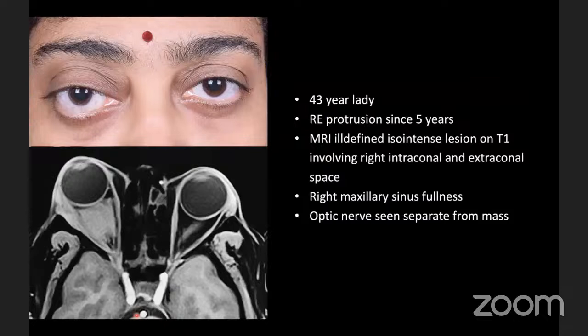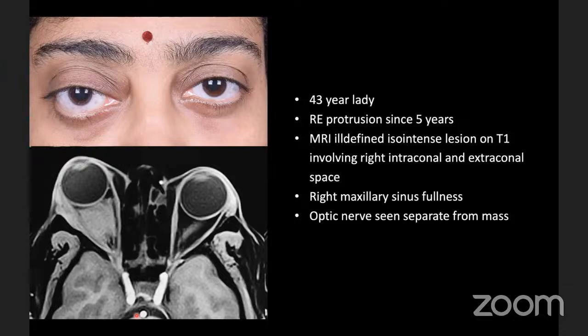Now coming to specific, just briefly an overview, because specific would involve a lot of conditions which would point to the pathology. So let us look at this 43-year-old lady who presented with right eye protrusion, and this was a long history of 5 years, and MRI was ordered, which shows an ill-defined isointense lesion, and that is mostly involving the right intraconal as well as the extraconal space.